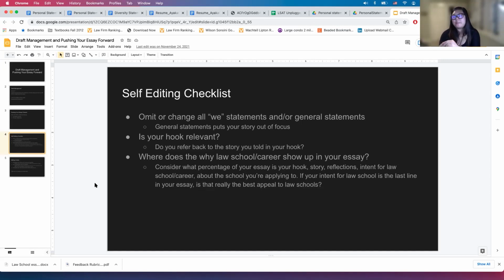So when I hear 2 to 3 sentences, I feel like that's a little tacked on as well. It should be this moment of you saying, it takes a lot to go to law school, right? It takes a lot of money, it takes a lot of studying, it takes a lot of work in the LSAT. You have to write this essay, so why are you doing all of this?